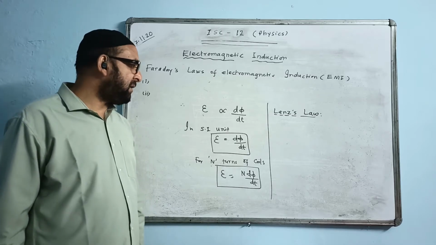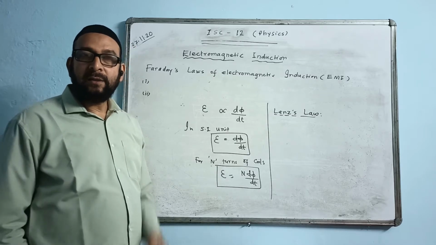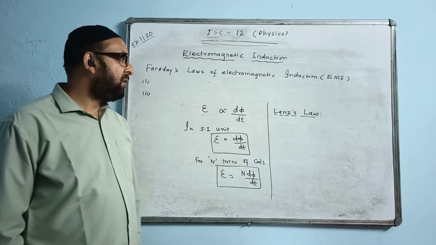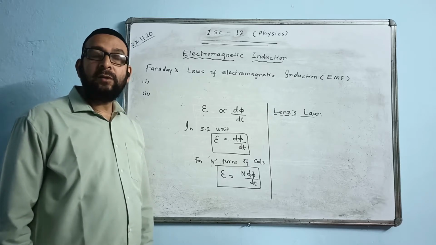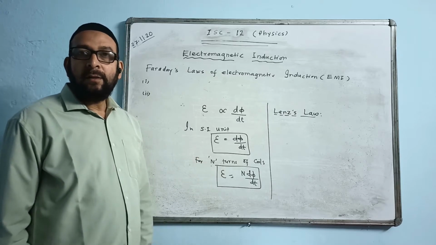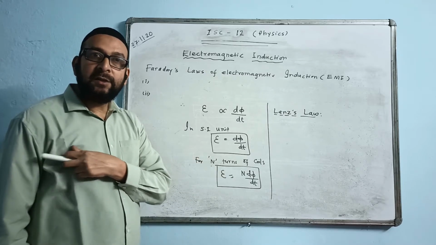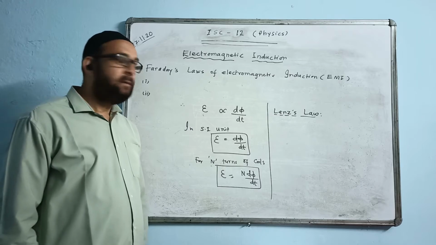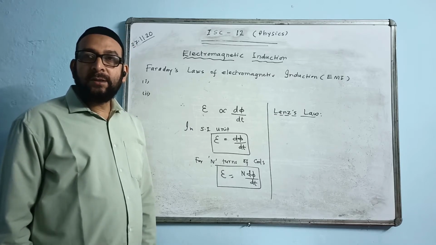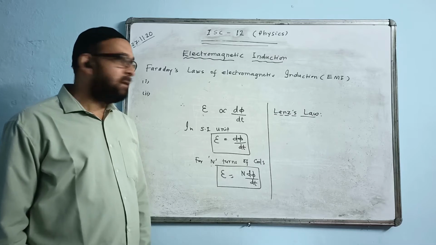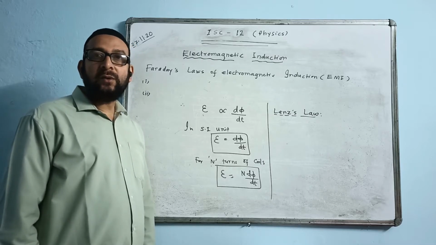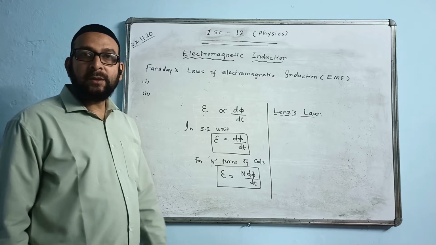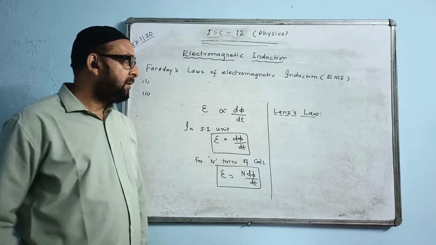It states that the direction of induced EMF, the direction of induced current, is such that it opposes the cause which produces it.